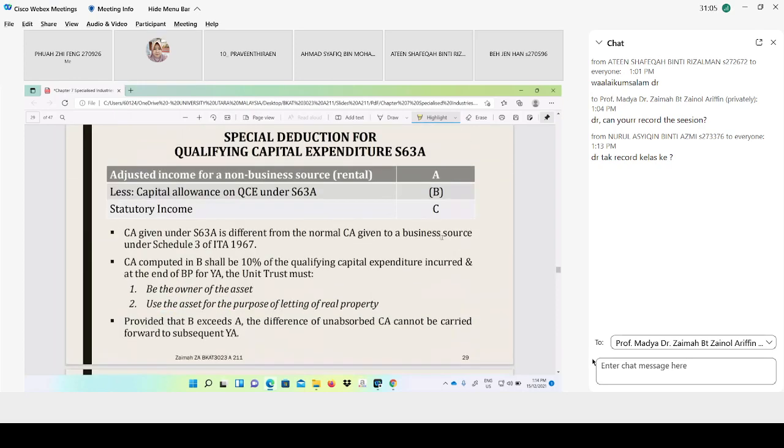Right? So the capital allowance on QCE here, that is 10% of the QCE, is deductible under rental income.